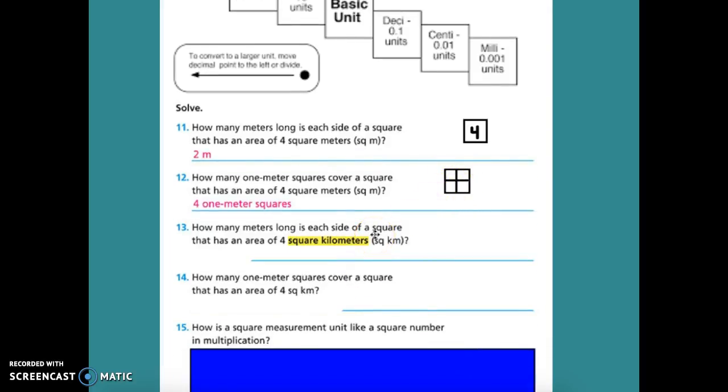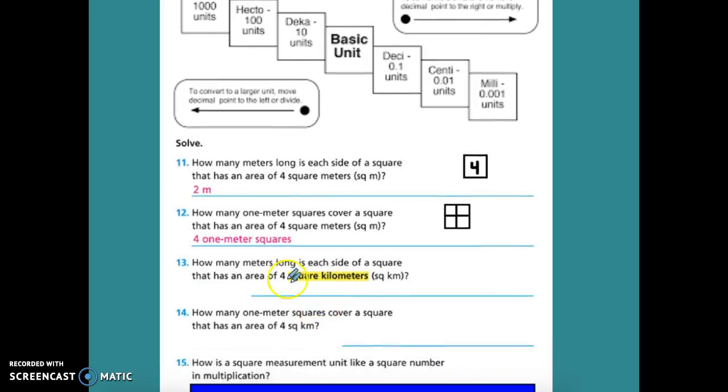Now, number 13. How many meters long is each side of the square that has an area of 4 square kilometers? Okay, so first I want you to notice we're in kilometers, and we want to solve it in meters. So a good strategy is to move from kilometers into those meters first.